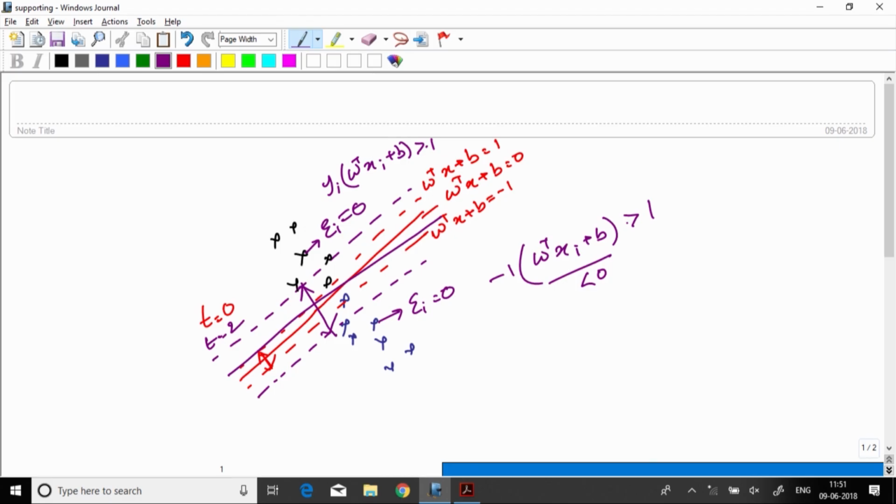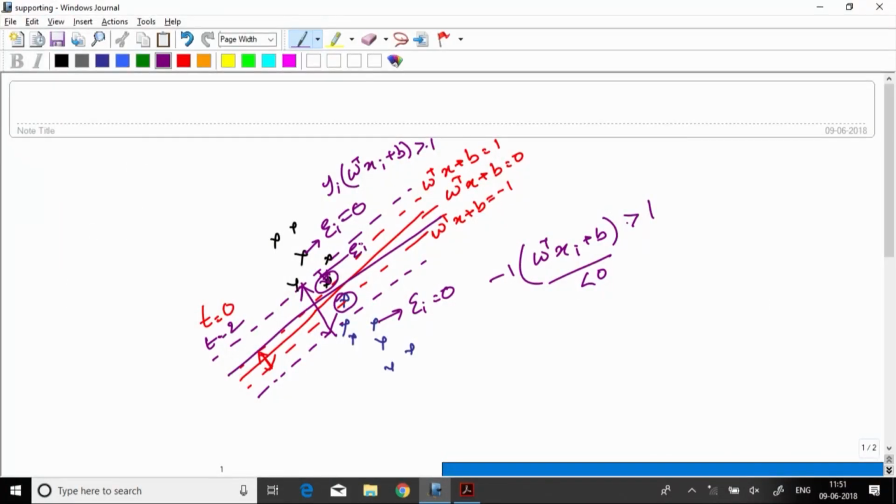Now, what will be the value for this one and this one? So you will have some positive xi_i because this has deviated from this line. So this has some xi, this value, right?